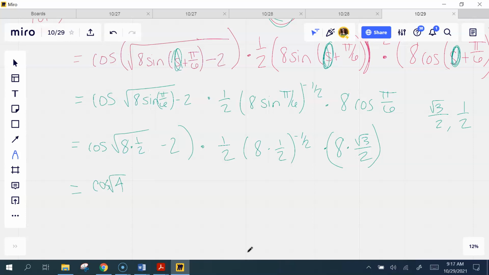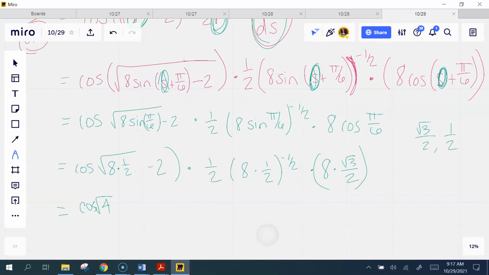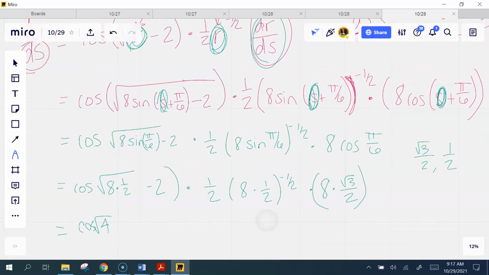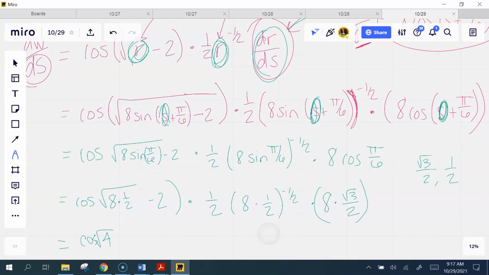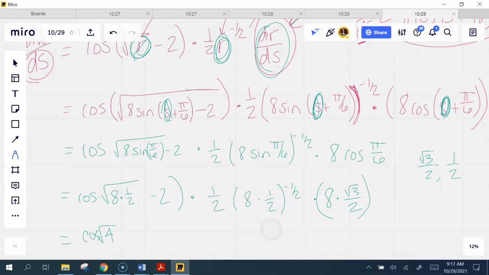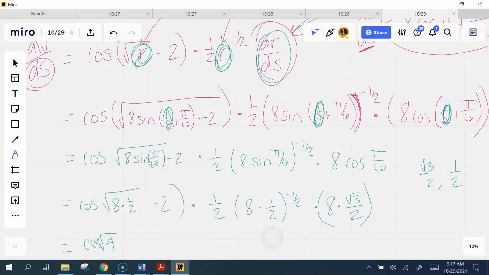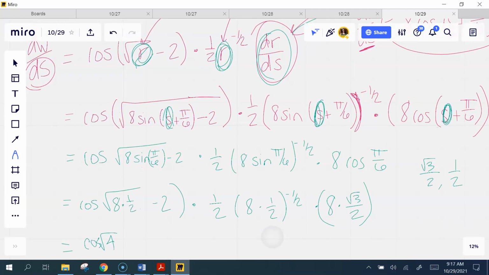Wait, you didn't need to put that cosine. Something went wrong. You didn't need to have that cosine right there, right? I don't have to have the cosine there. No, it's cosine at the second one. So 8 times 1/2 is 4. Square root of 4 is 2. 2 minus 2 is 0.